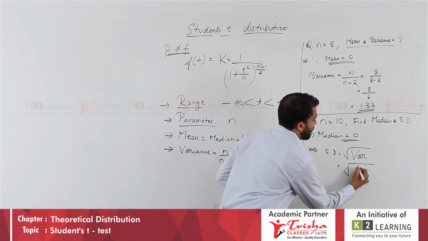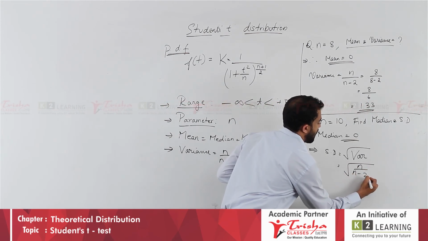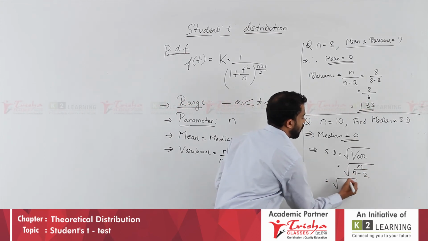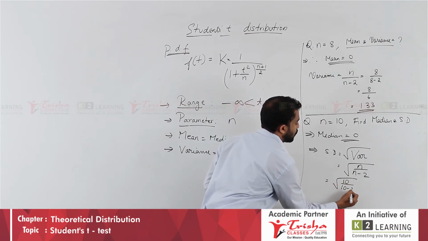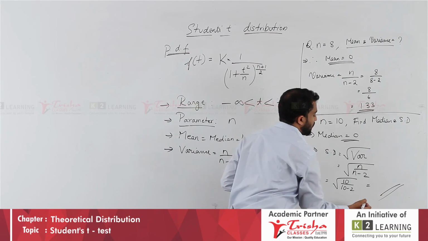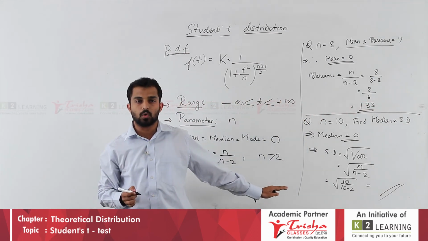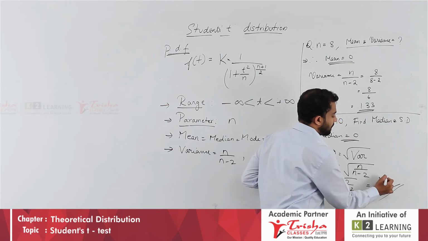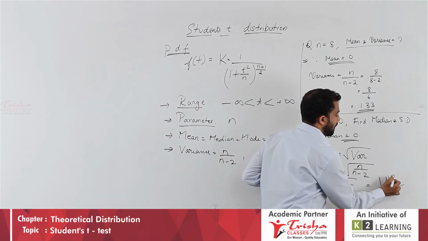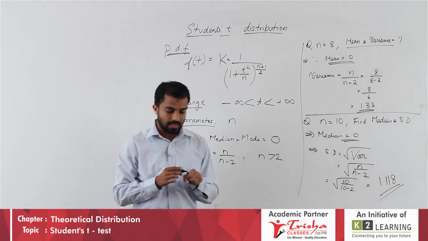The same thing applies here. Square root of n by n minus 2, that is, square root of 10 by 10 minus 2. When you simplify this and take the square root, you will get the answer 1.118.